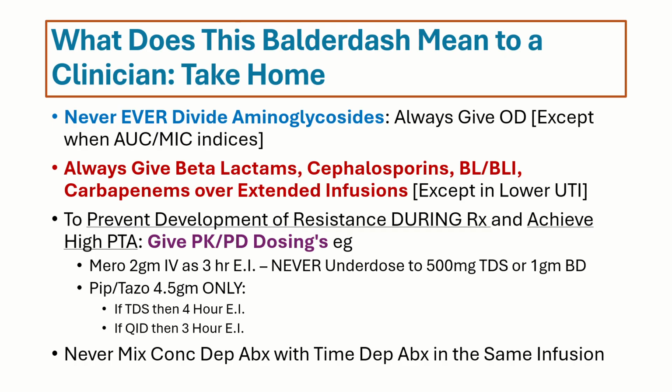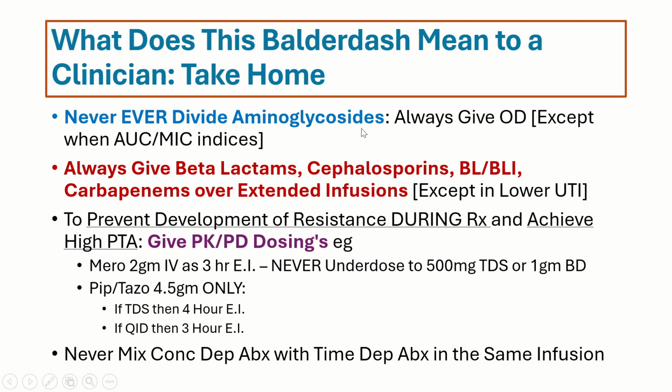So what does all this balderdash mean to a clinician? The take home message for a clinician is that never ever divide aminoglycosides. Always give OD dosing except in certain cases, for example maybe cystic fibrosis, when a patient is infected by an MDR pseudomonas, where you want to give tobramycin as maybe 7.5 milligram per kg body weight twice a day.